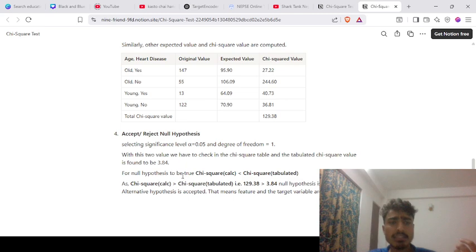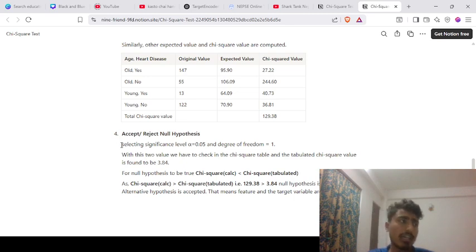And the next step is to test whether our calculation rejects or accepts the null hypothesis. As the null hypothesis tells us there is no dependency between target and feature variables. Now we're gonna check it out in this step 4.